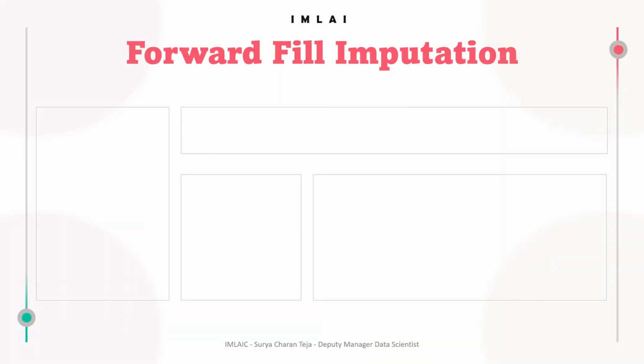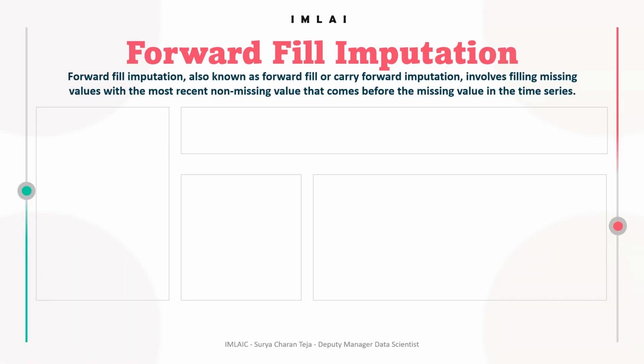So what is forward fill imputation? Forward fill imputation, also known as carry forward imputation, involves filling missing values with the most recent non-missing value that comes before the missing value in the time series. I hope you got my point. In very simple words, missing values are replaced with the value from the immediately preceding time point.